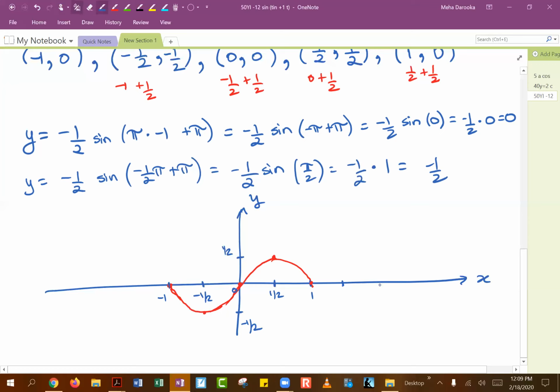Yeah, 3 over 2, you'll be at a 2, 2.5, 3, right? So at this point, we are at a maximum and then we ended at an intercept. So what should be our next point? Minimum. Yeah, so you would be going down here, then intercept, going up and intercept, right? You're basically just making another cycle of what you just did, and same thing on the negative side if they ask you to go on the negative side.